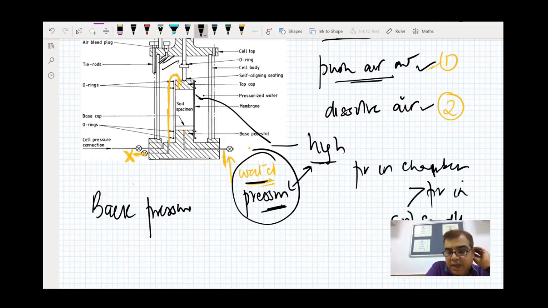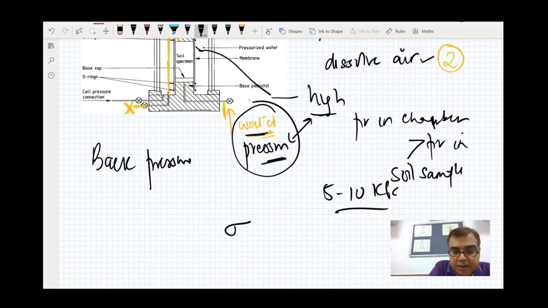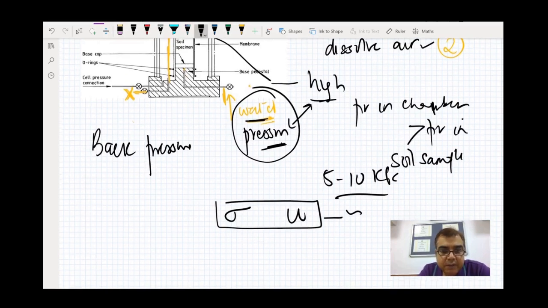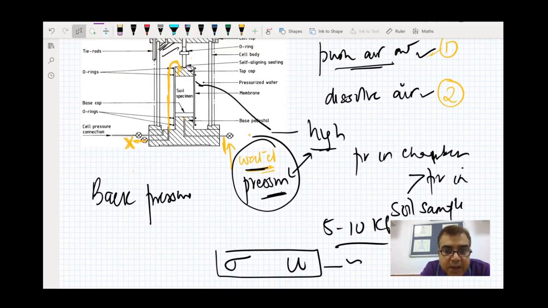Usually we keep a lag of about 5 or maybe 10 kilopascal, not significantly large, because the pressure in the chamber represents your total stress, the pressure in the water represents your pore pressure. So the difference between the two should be small, so that you don't change the effective stress during the saturation stage.